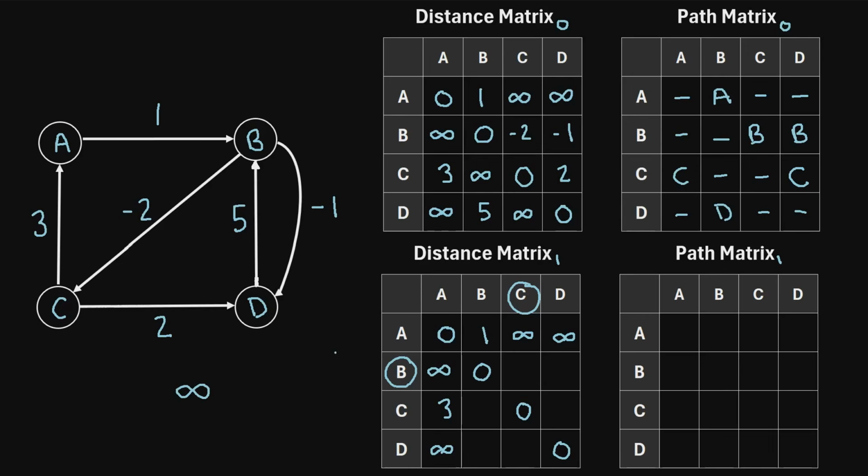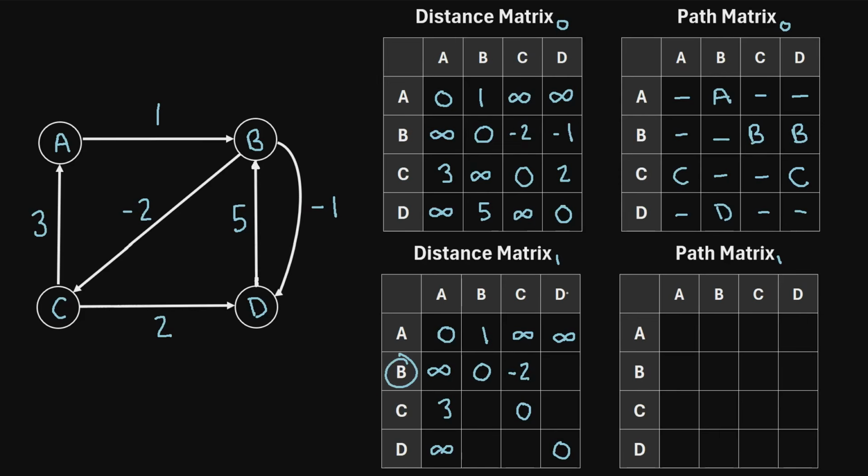And then from A to C, there's also not a direct edge, so that would be infinity plus infinity. So is infinity plus infinity smaller than the current shortest distance from B to C? No, it's not. So we're not going to update this value. We'll just keep that as a -2. So in other words, trying to go through node A did not produce a smaller distance.